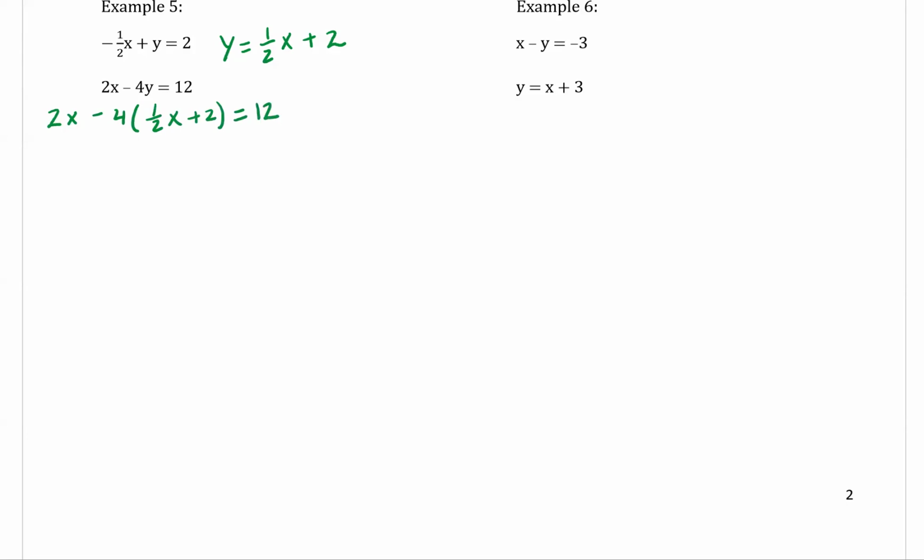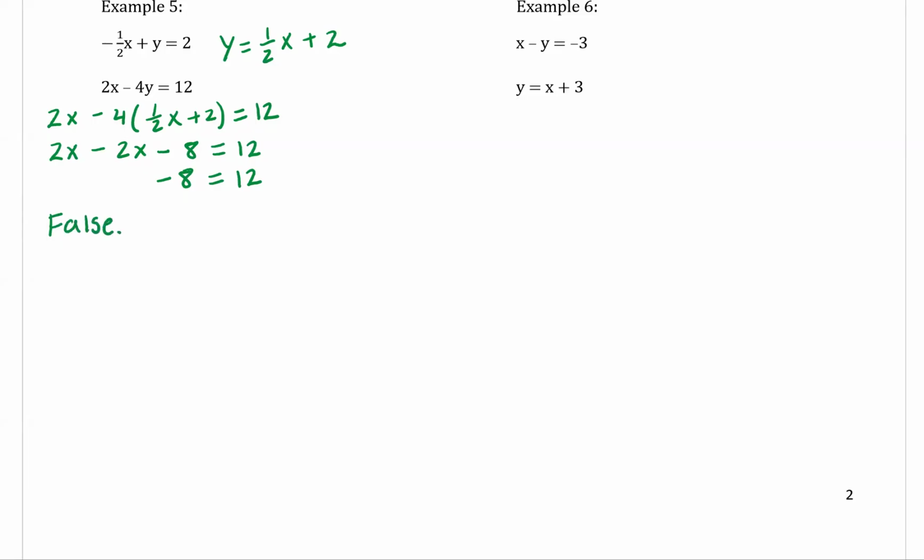Distribute the -4, combine like terms, and solve. Clearly, -8 does not equal 12. So this is false.